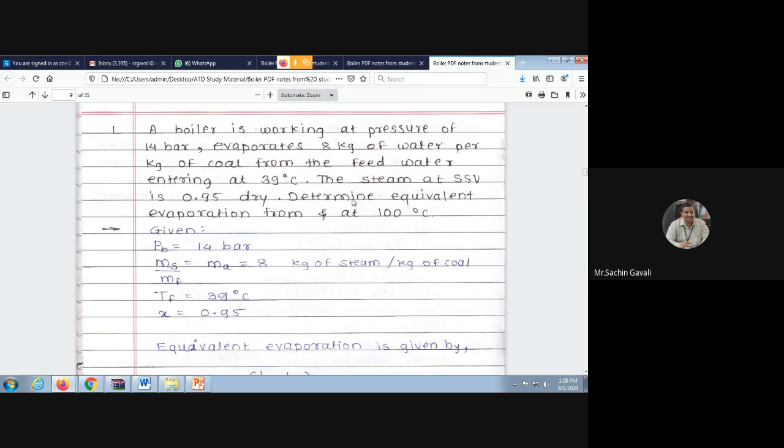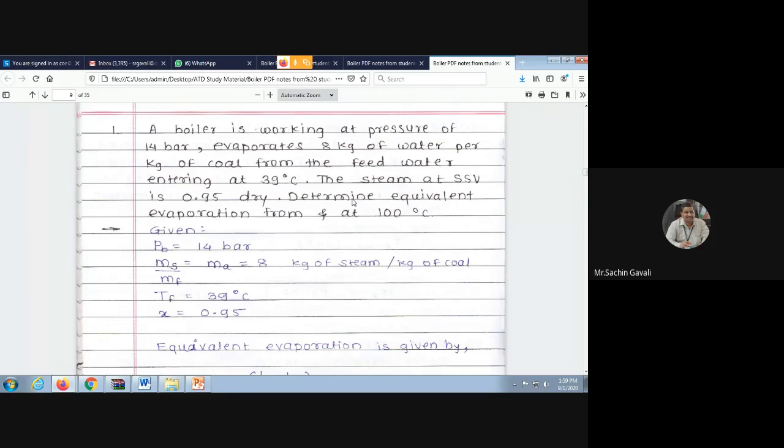Determine equivalent evaporation from and at 100 degrees Celsius.